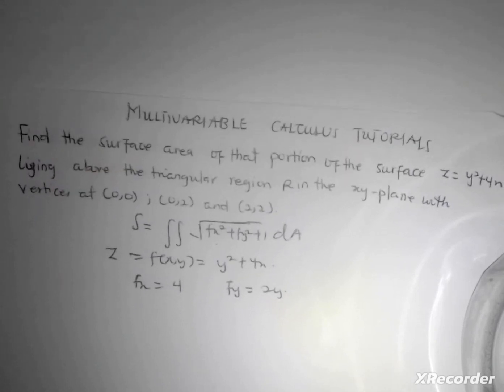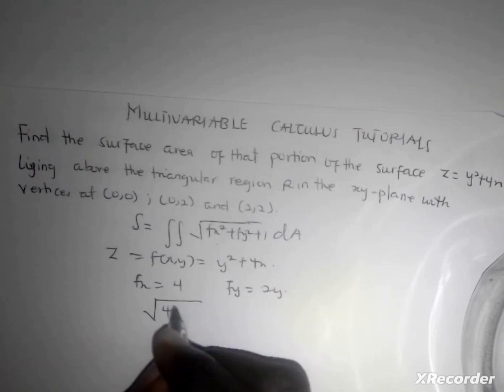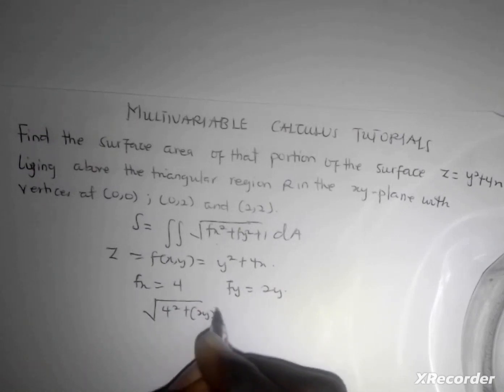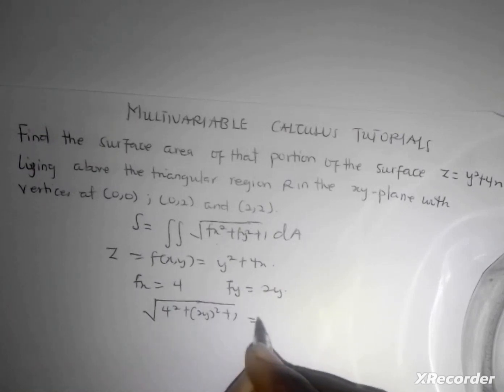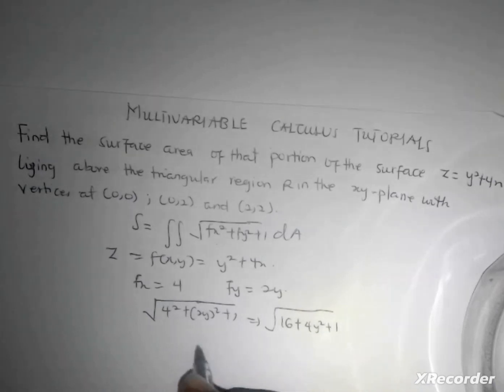So I'm going to have the square root of 4 squared plus (2y) squared plus 1, and this simplifies to the square root of 16 plus 4y squared plus 1, which equals the square root of 17 plus 4y squared.